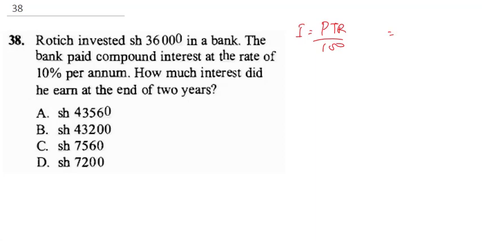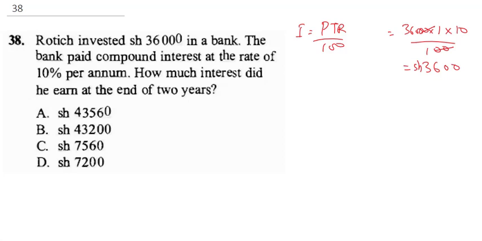So let's get the first year, which is going to be 36,000 multiplied by the time, which for the first year is 1. Then the rate is 10 all over 100. Double zero cancels double zero. So we are going to have the interest as 3,600 shillings.